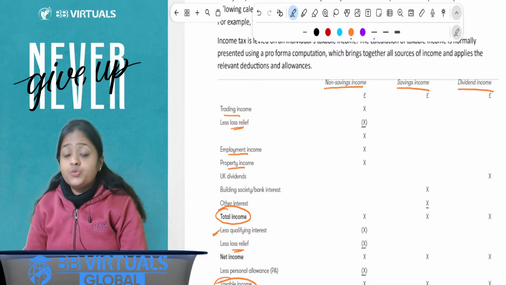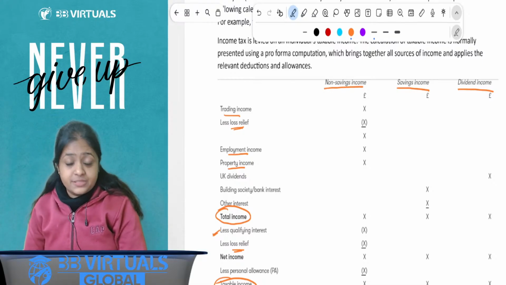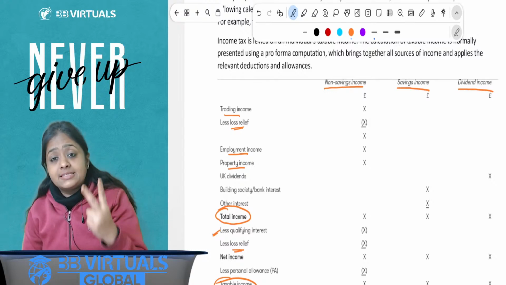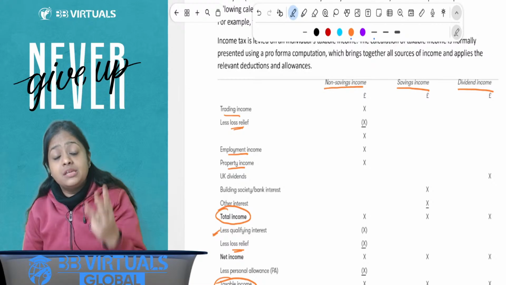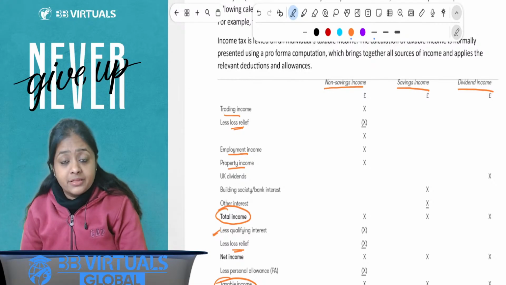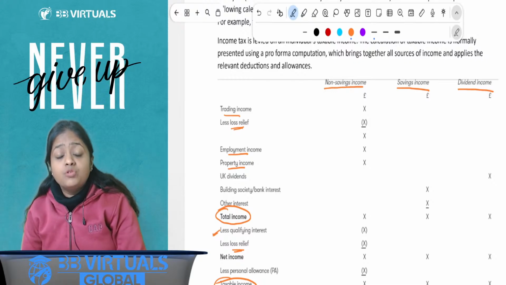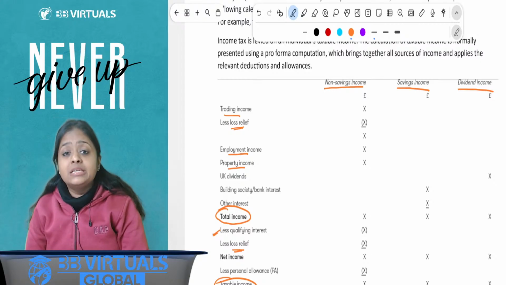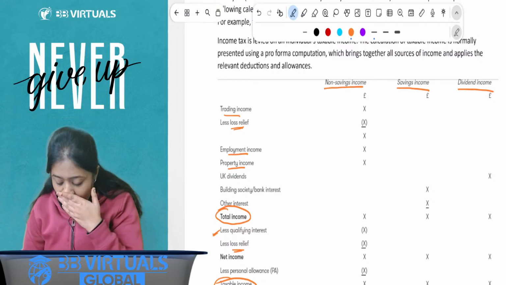So if that exceeds 1 lakh, then we follow 4 steps. Number 1, calculate ANI. Number 2, calculate the excess over 1 lakh. Number 3, get 50% of the excess. And fourth is the tapered PA. That is, by the amount of 50% of the excess, you will reduce your PA. So what you get is a tapered or reduced PA.